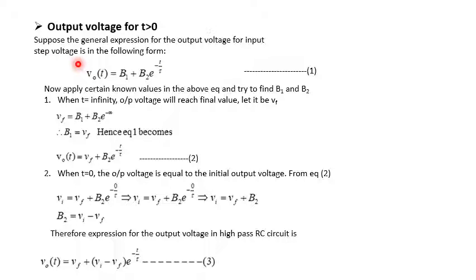So we have deduced that the output voltage for t equal to 0 is equal to the applied maximum voltage, that is V naught.